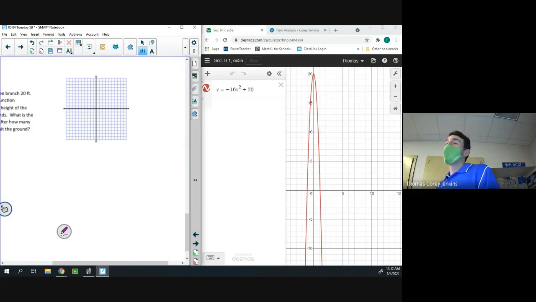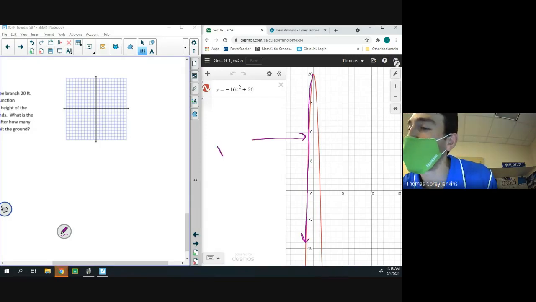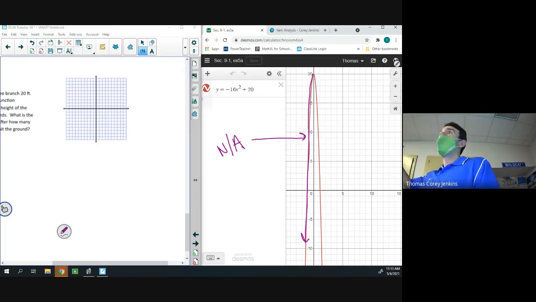All right, so in terms of what we care about and what doesn't make sense, in a word problem, all what we don't care about is over here. So this part of the parabola is just not applicable here. We really just care about the first quadrant where time is positive, right, and where feet are positive. Okay, if that makes sense.